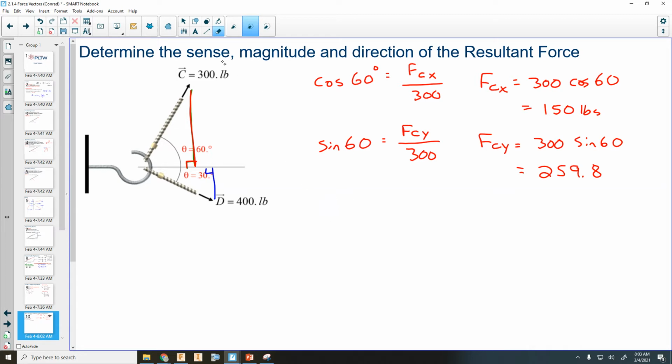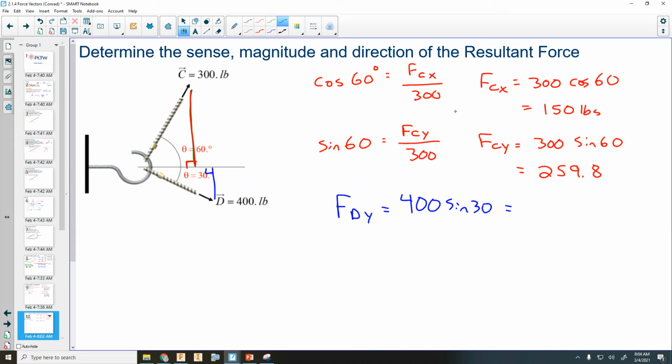The force of vector D in the y direction would be 400 sine of 30. That would be our shortcut.